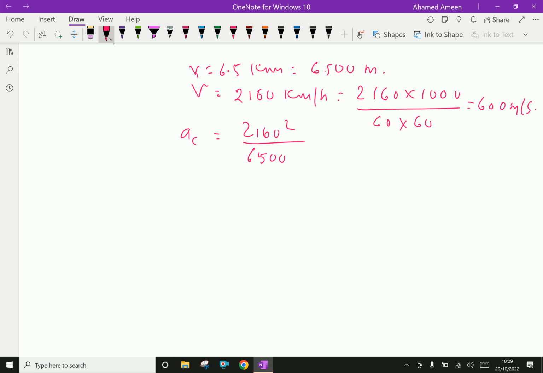So here 2160 into 2160 divided by 6500 equal 717.78 meter per second square.